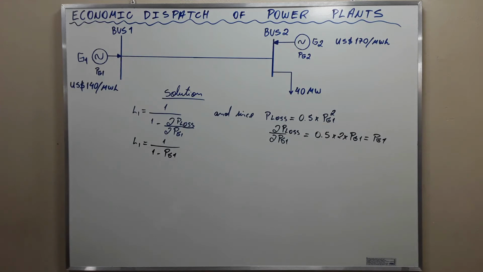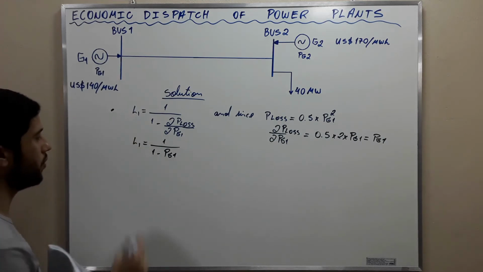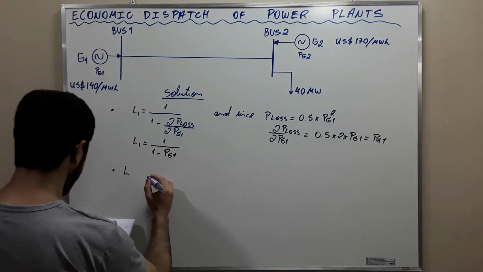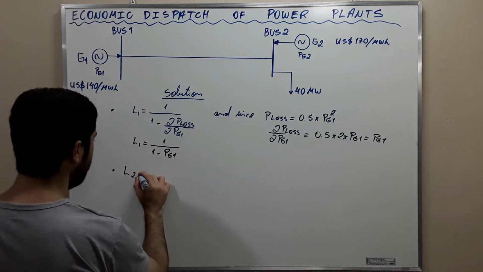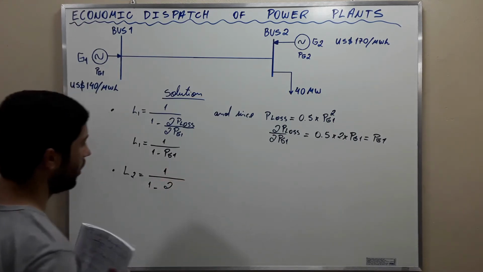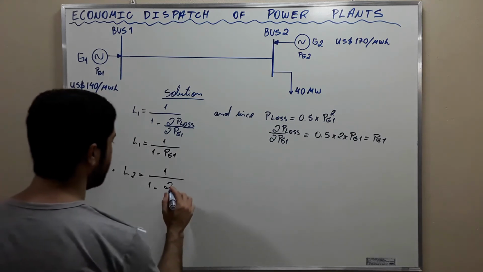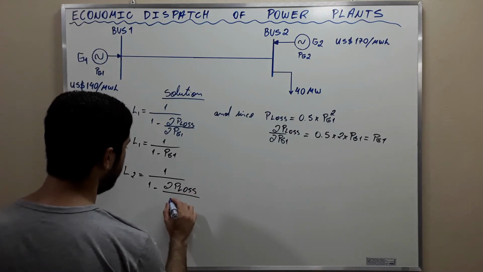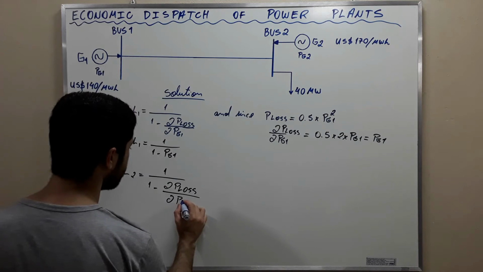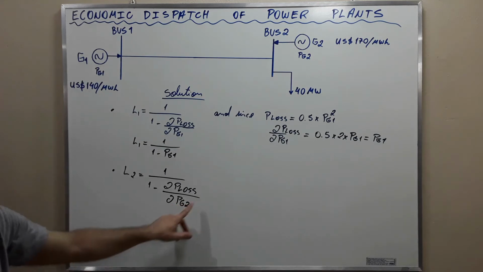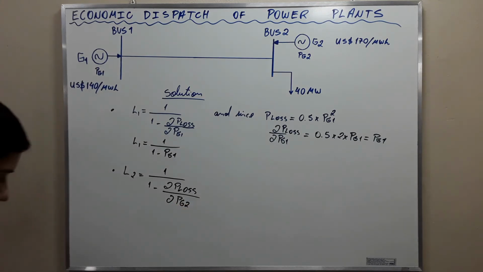Now let's calculate the same for generator 2. This is for generator 1 and this is going to be for generator 2. The penalty factor for generator 2 is going to be 1 divided by 1 minus the partial derivative of the loss with respect to PG2.